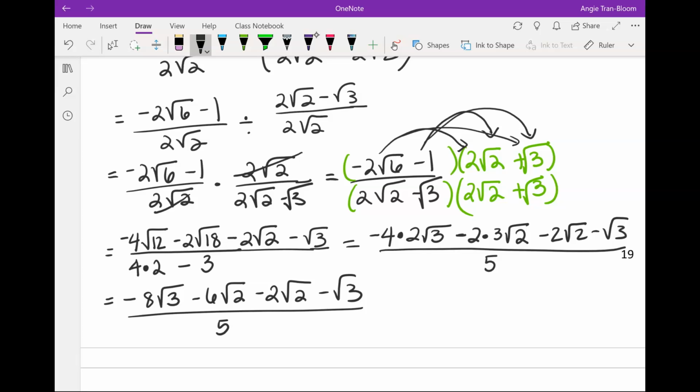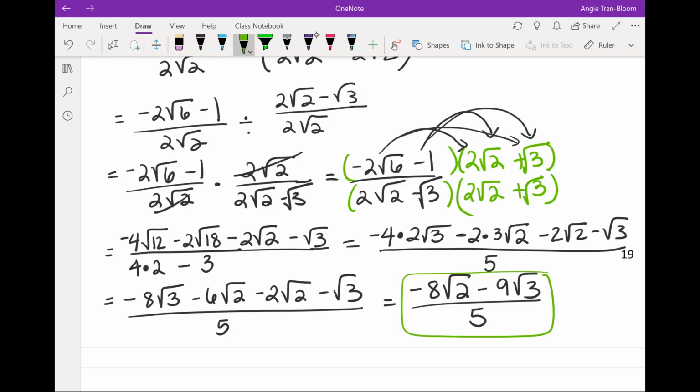Yeah, negative 6 rad 2 and a negative 2 rad 2 will make it a negative 8 rad 2. And negative 8 rad 3 and another one will make it a negative what? 9 rad 3 all over 5. And that's why I asked, are you good with algebra 1 stuff?